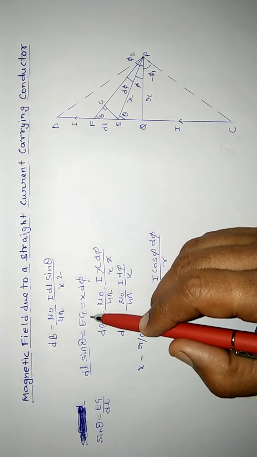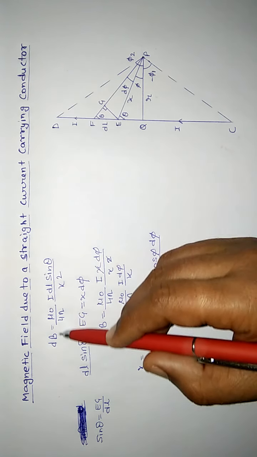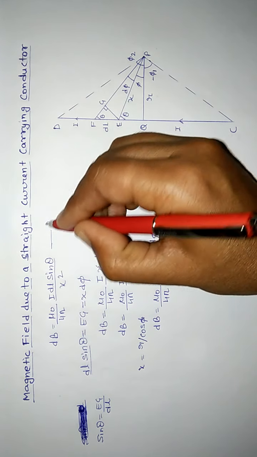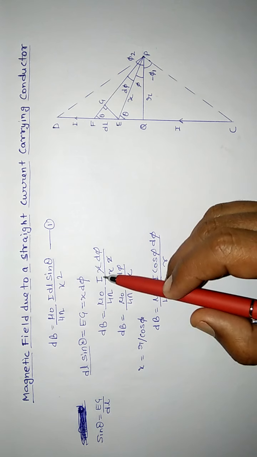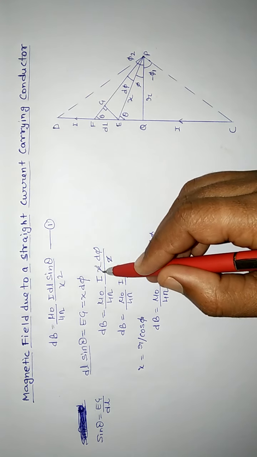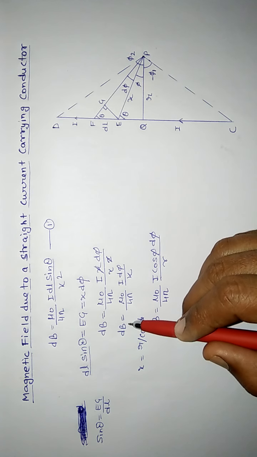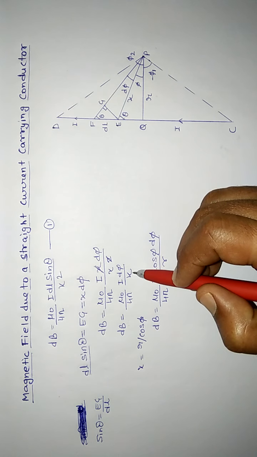Now putting the value of dl sin theta in this equation number 1, we will get dB is equal to mu naught upon 4 pi I x d phi upon x square. So the x will cancel with this x. We will get dB is equal to mu naught upon 4 pi I d phi upon x.